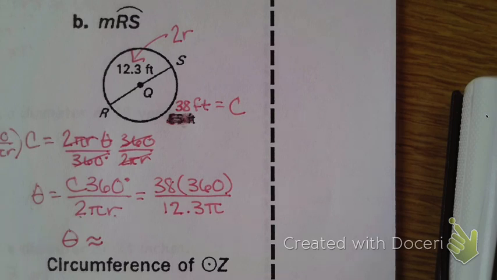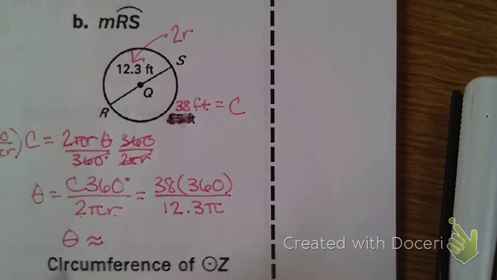Yeah, I have 354. That seems off. Anybody else? Does that seem off to you? Pretty big number. That didn't make a difference. Okay, what did we do wrong?